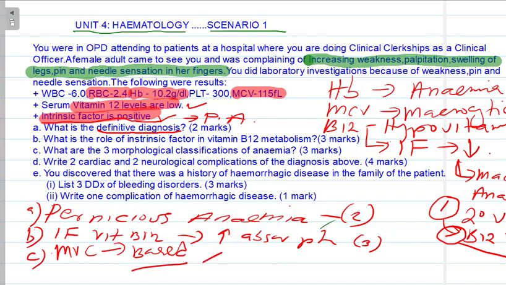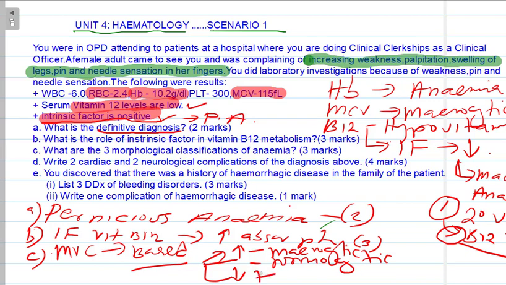So when the mean cell volume is high, then that is macrocytic. When the MCV is normal, that is normocytic. And when the MCV is low, that is microcytic. Okay, so this is what we are able to look at.